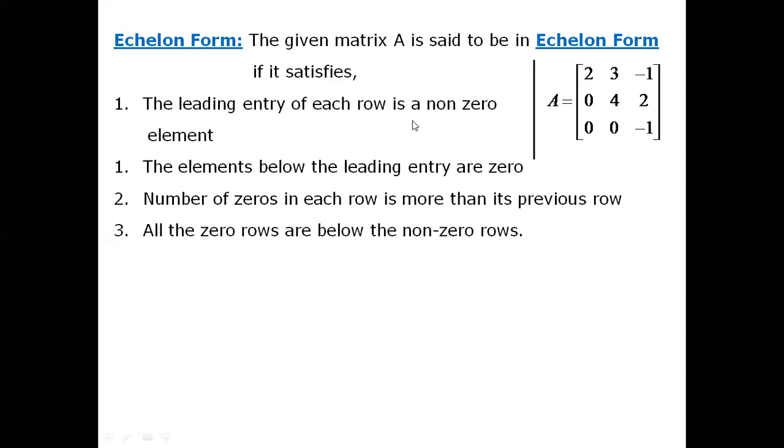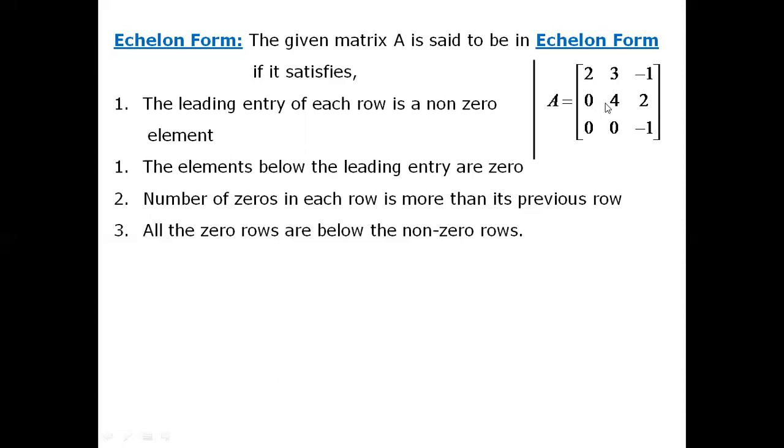So any given matrix A that satisfies these set of conditions, especially the first three conditions, is said to be in echelon form. So for example, just look at this matrix. See here, the leading entry in the first row is the first row first element, that is this 2, A11 element.